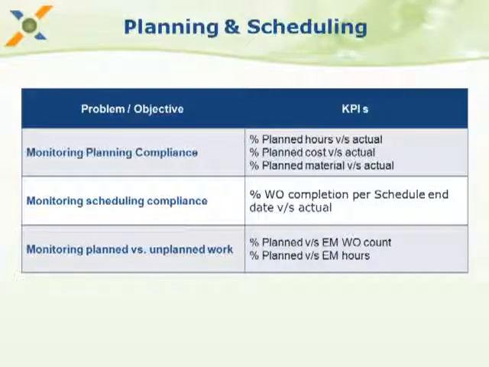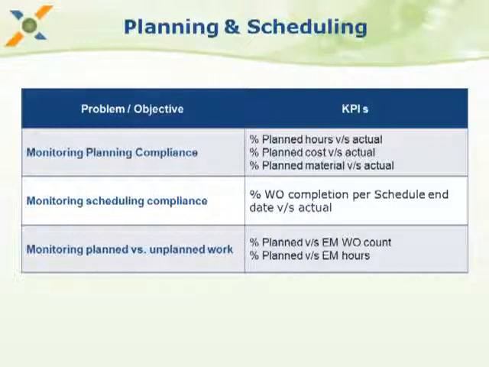If in the CMMS we are keeping cost, we can monitor such factors. If we have allocated material, planned material versus actual, these are the things which will help monitor planning compliance.